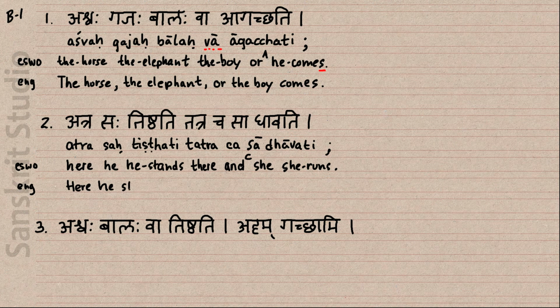English line here. So here, he stands, and there she runs. So it is a clause connector because this is clause 1 and this is clause 2.